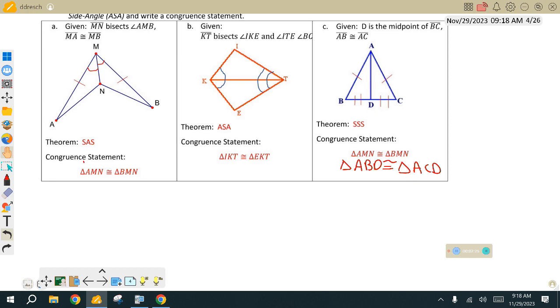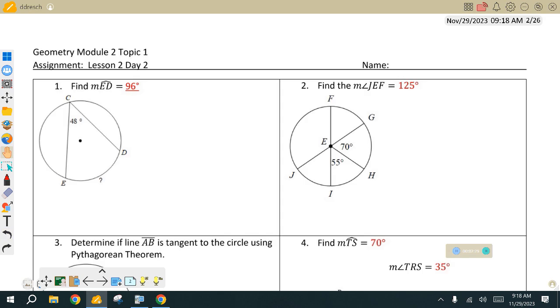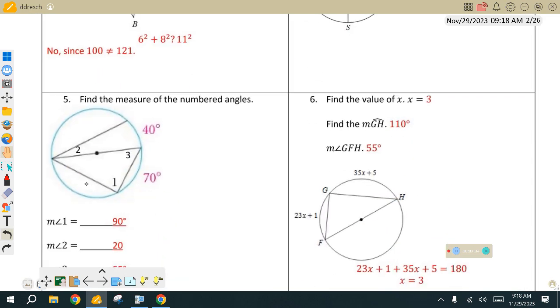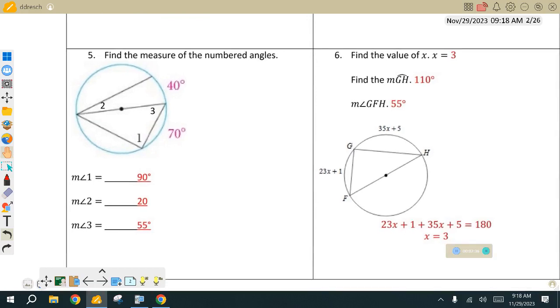Okay, let's take a look at 5. Let's see, where's 5 at? This page. Number 5 with our numbered angles. Several things going on there. First thing, sometimes it matters what angle you find first. This one, maybe not. But I noticed that diameter.